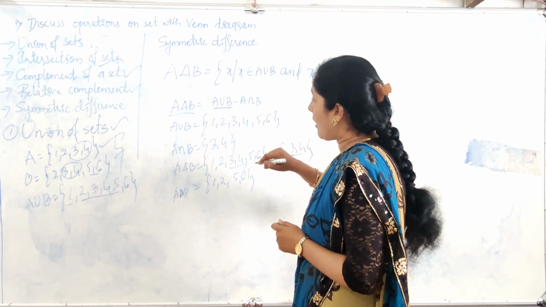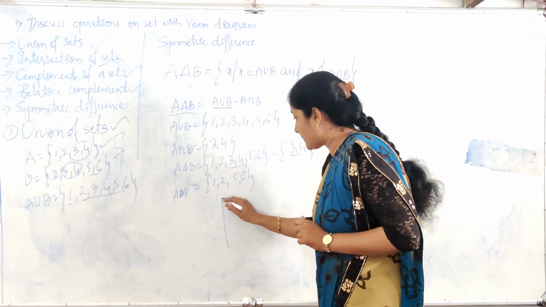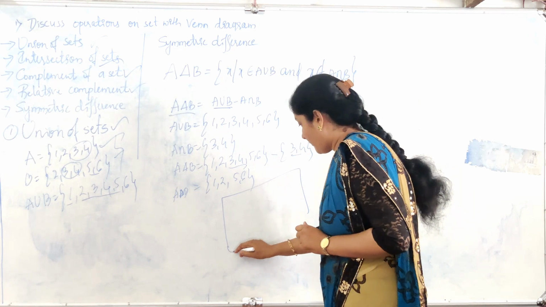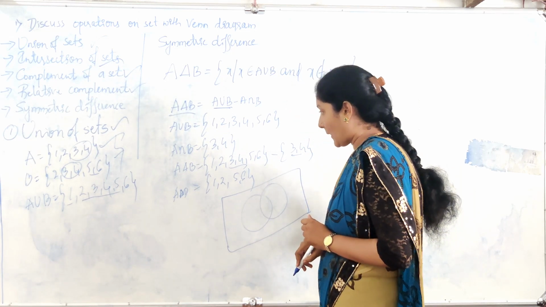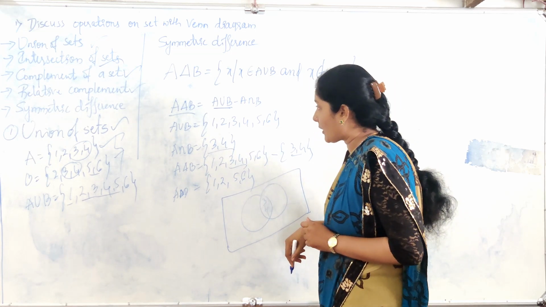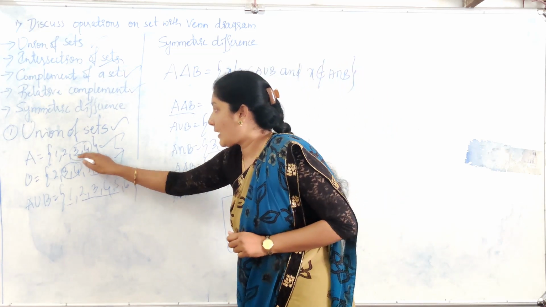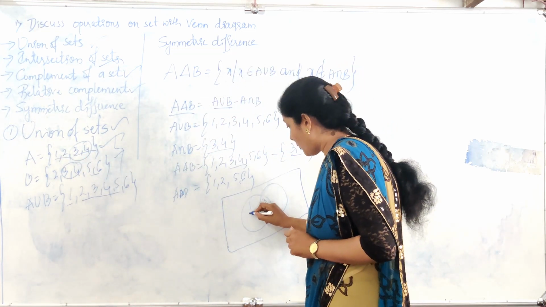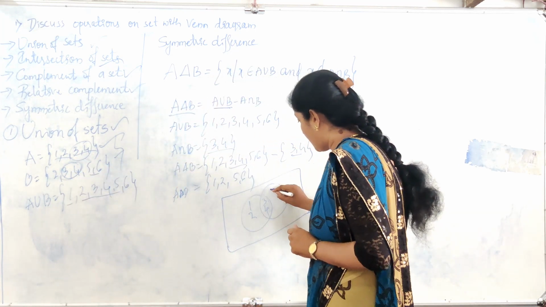Now how to represent this using the Venn diagram? That will be like this. So A, B. Here in the intersection we have 3, 4. And now what remains in A? Except 3, 4, it remains with 1, 2. And here except 3, 4, we have 5, 6.